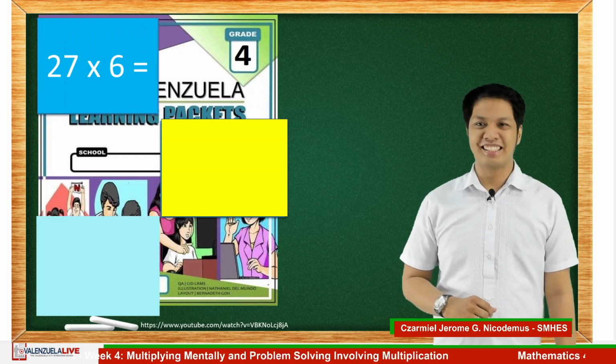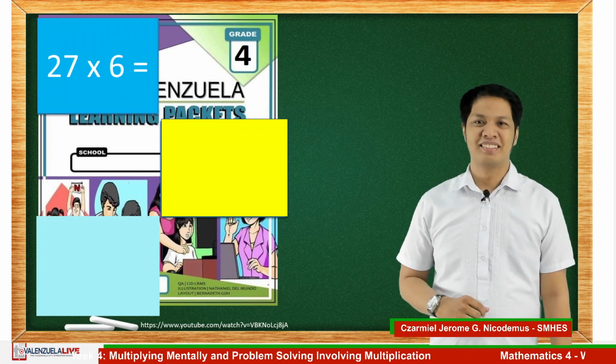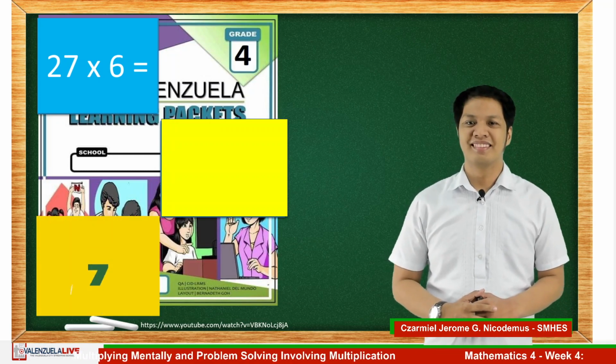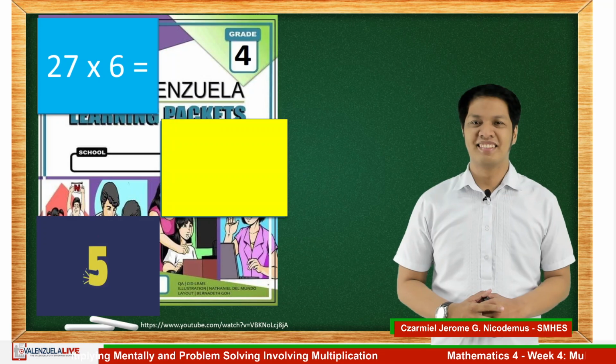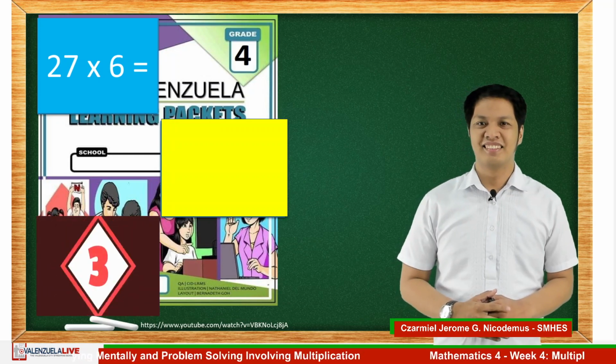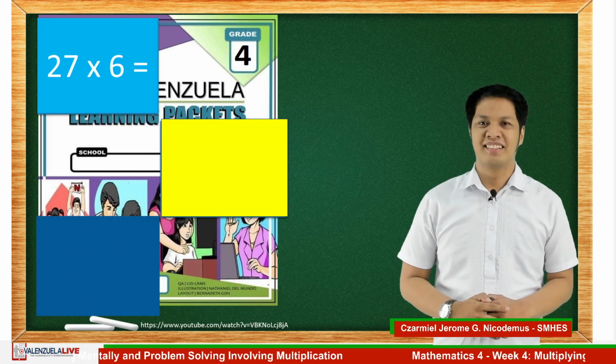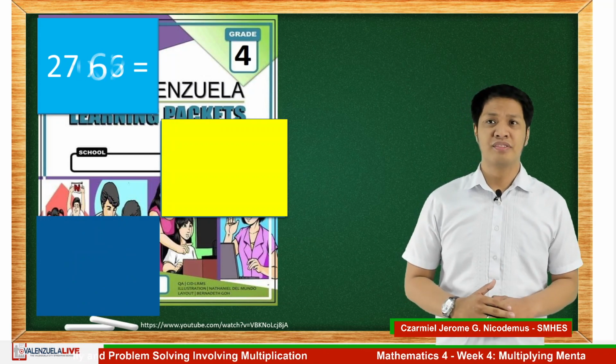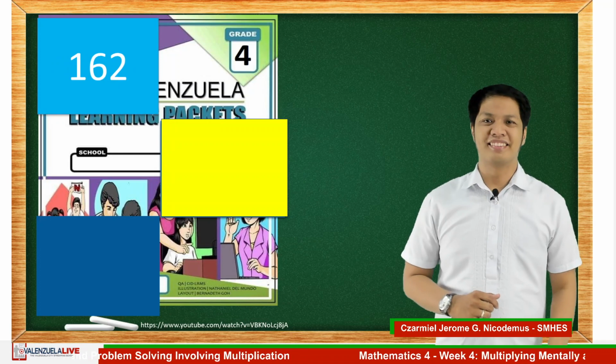27 times 6 is equal to? Did you type 162? Correct.